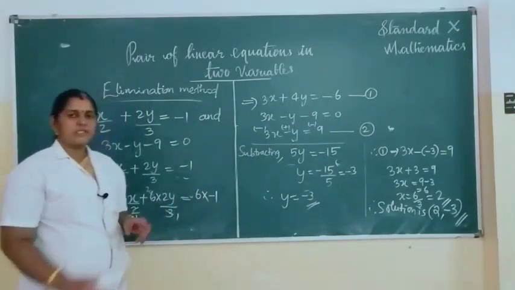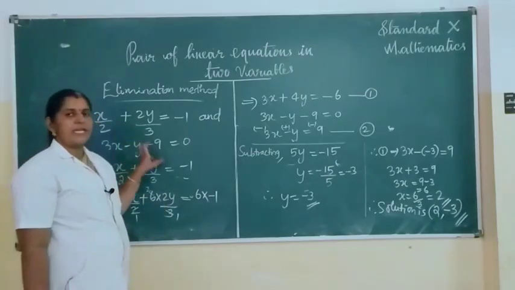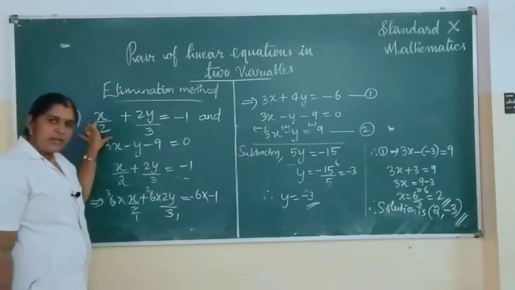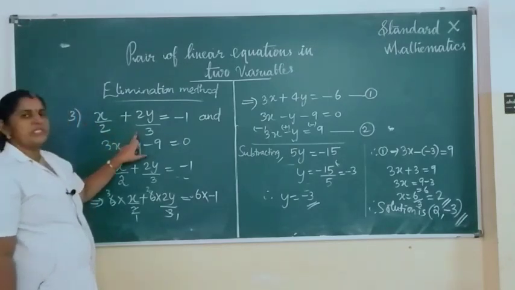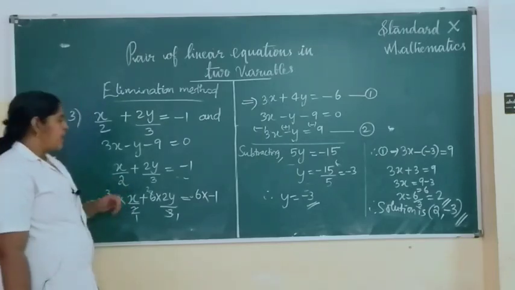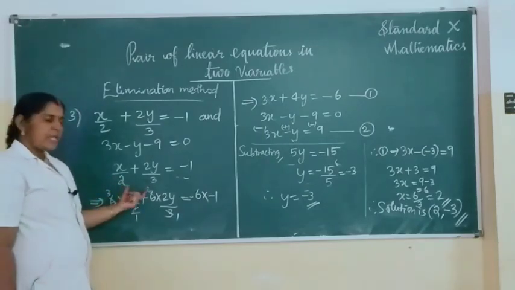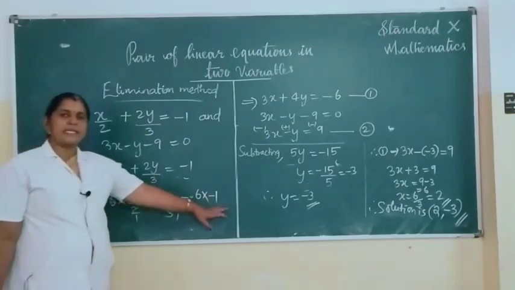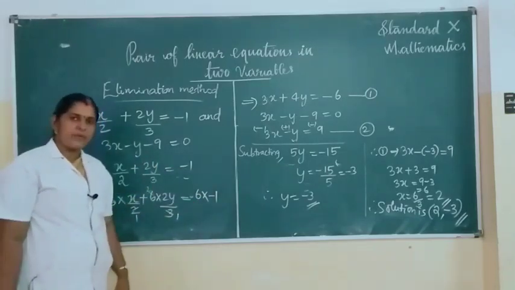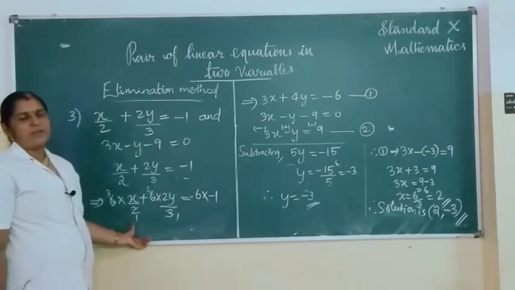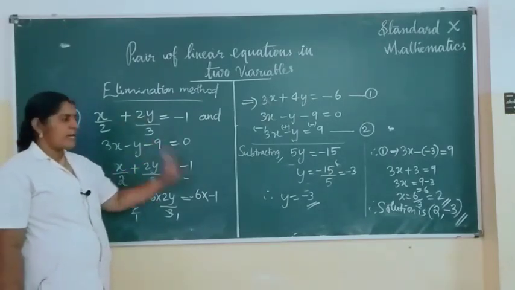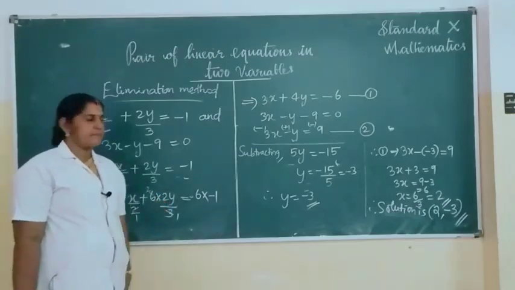So remember students, whenever a pair of linear equations is given with coefficients in rational form, you want to change that rational form to make the calculation easier by taking the LCM and multiplying throughout the equation, so that we get the normal form of the equation and we can find the values of x and y. So, a very important problem. All of you understand this very correctly.